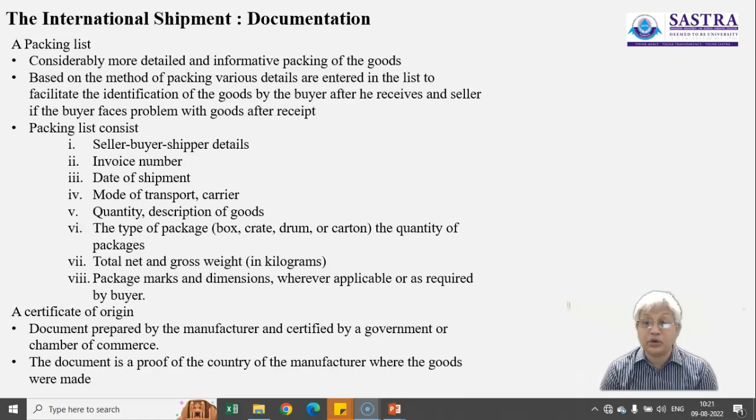Also, he can ascertain in some cases, not in all cases. So that is why the packing list has to be very clear, and it's a very important component of the trade document.